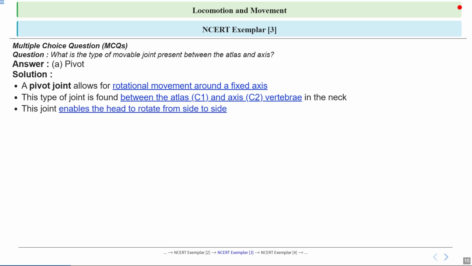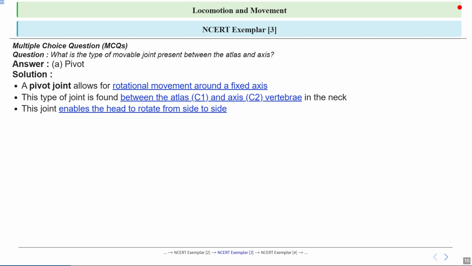Now this line tells us that the pivot joint between the first vertebra, that is the atlas, and the skull allows the head to rotate side to side, such as when you turn your head to look left or right. It is involved in rotatory movement. This type of joint is found in the neck region, and it is very crucial as it provides flexibility and movement of the head.